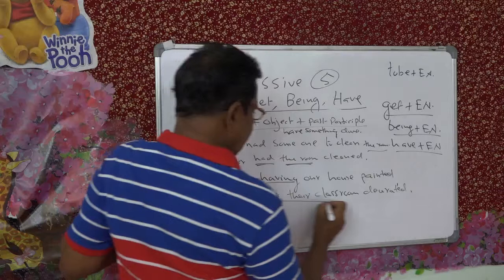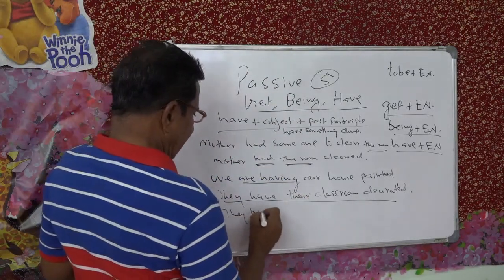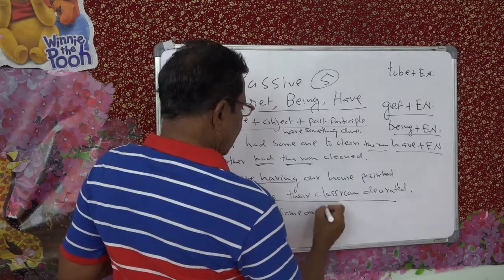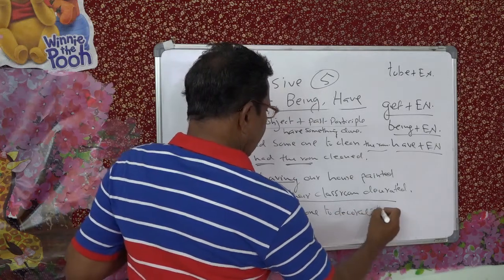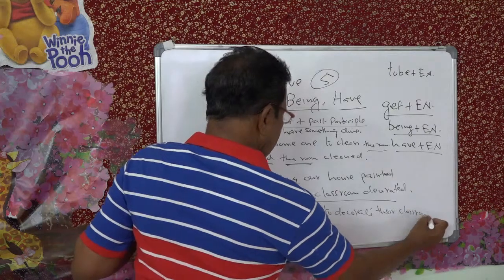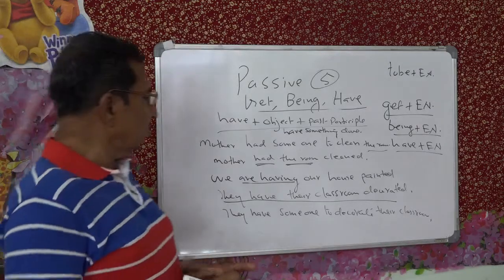Instead of this sentence, you can write: they have someone to decorate their classroom. So instead of this, you can say they have their classroom decorated.